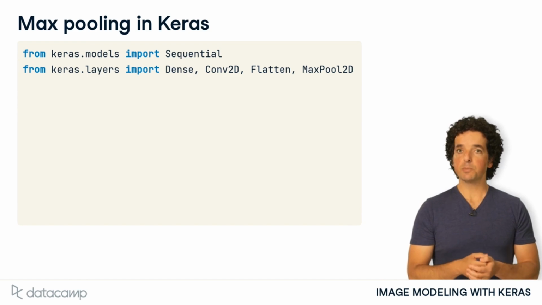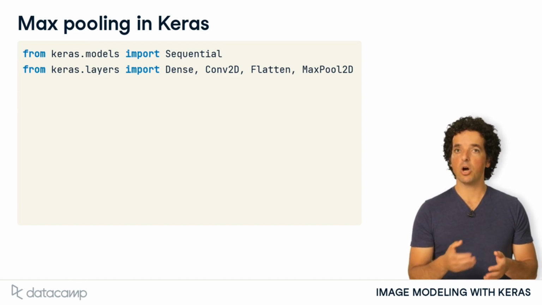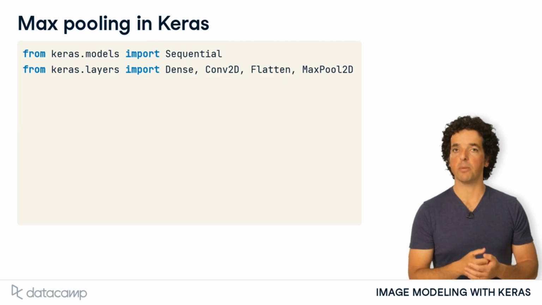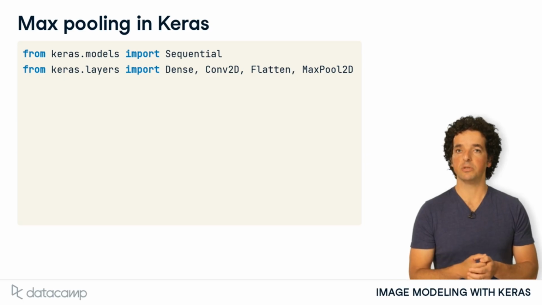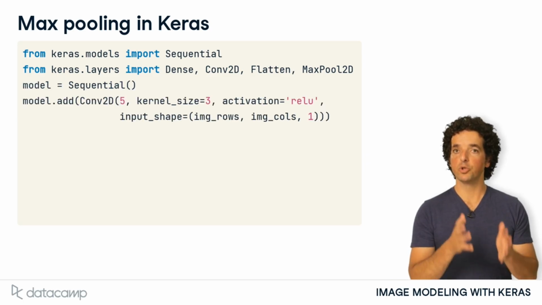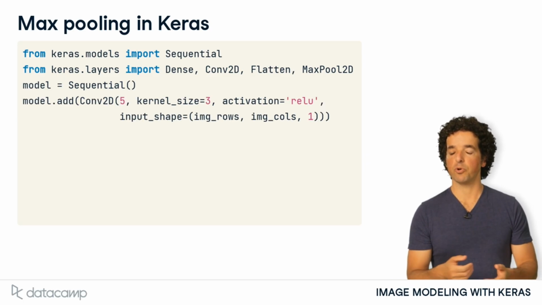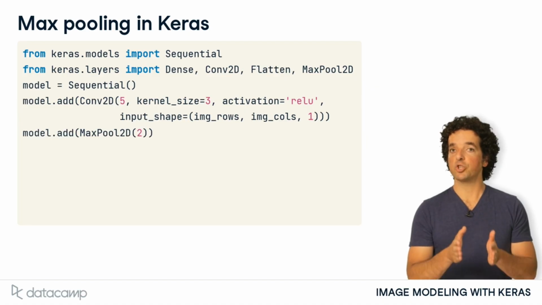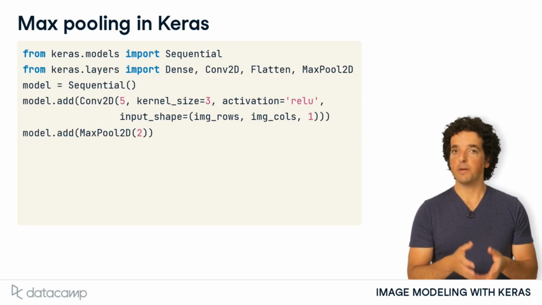We can integrate max pooling operations into a Keras convolutional neural network using the MaxPool2D object. After importing this object, in addition to the other objects we'll need, we start off building a convolutional neural network just like before. But after each convolutional layer, we'll add a pooling layer. The input to the MaxPool2D object, 2 in this case, is the size of the pooling window.